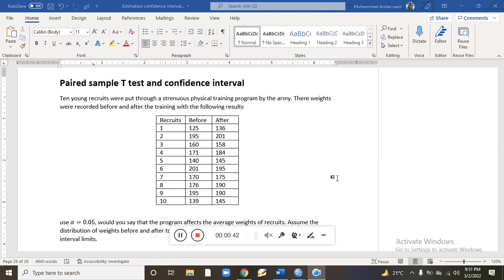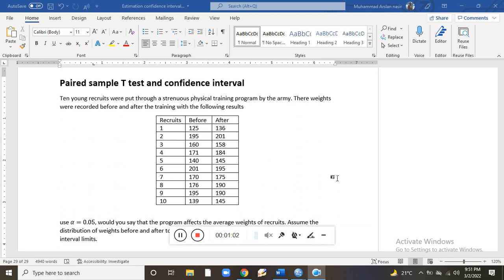This question is taken from page number 260, example number 18.8. So let's discuss the example first.